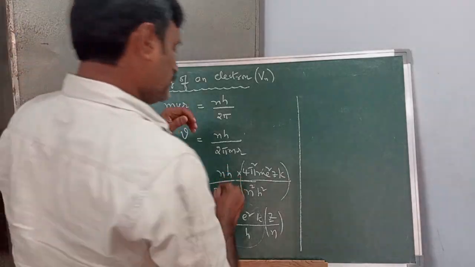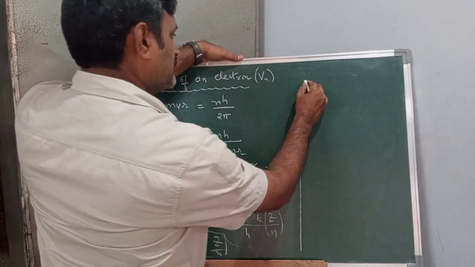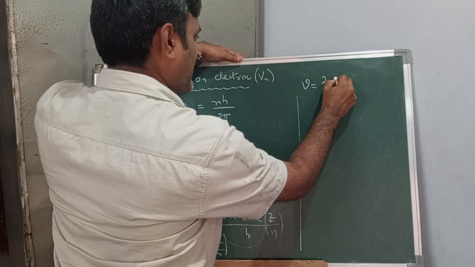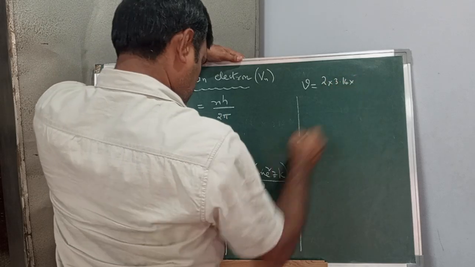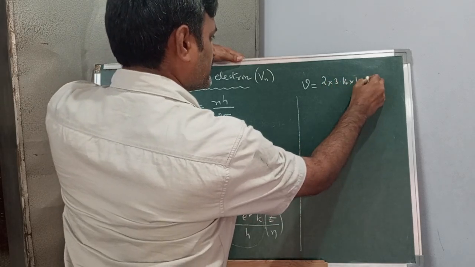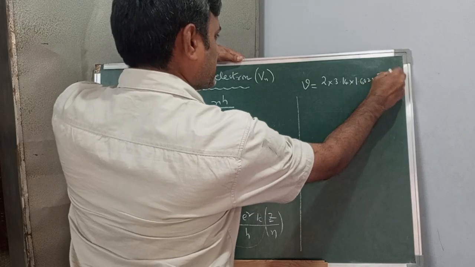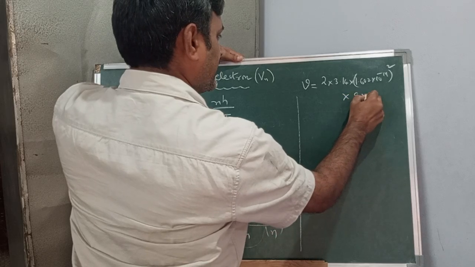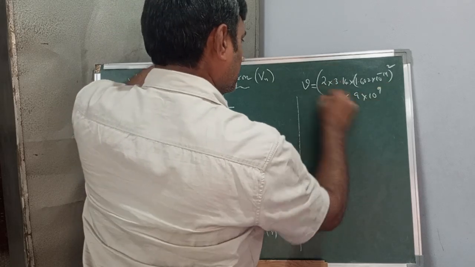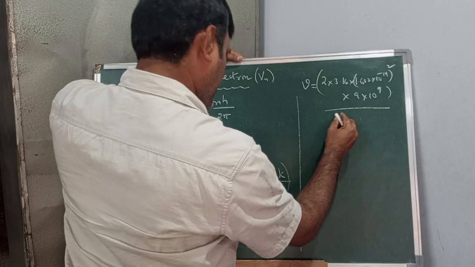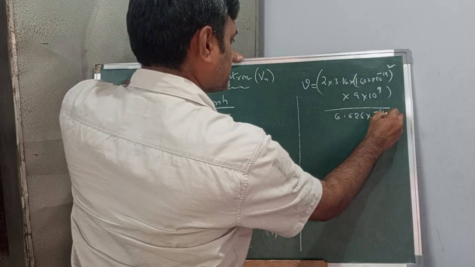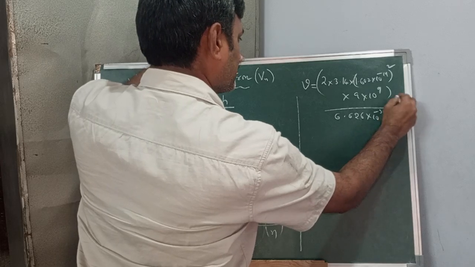So if you substitute, velocity v equals 2 into pi value 3.14 and e value 1.602 into 10 power minus 19 square into k value 9 into 10 power 9, divided by h value 6.626 into 10 to the power of minus 34, into z by n.